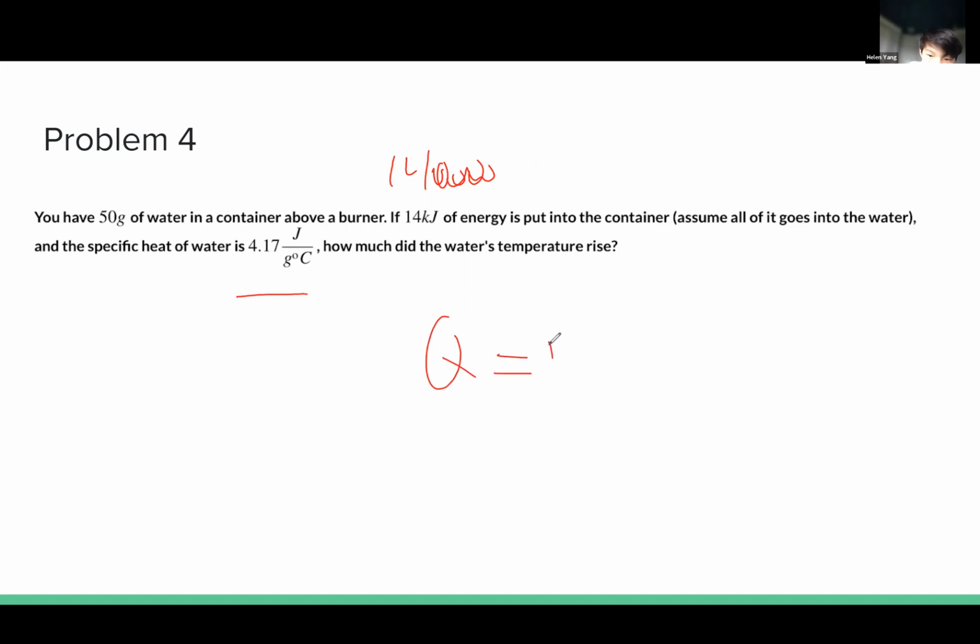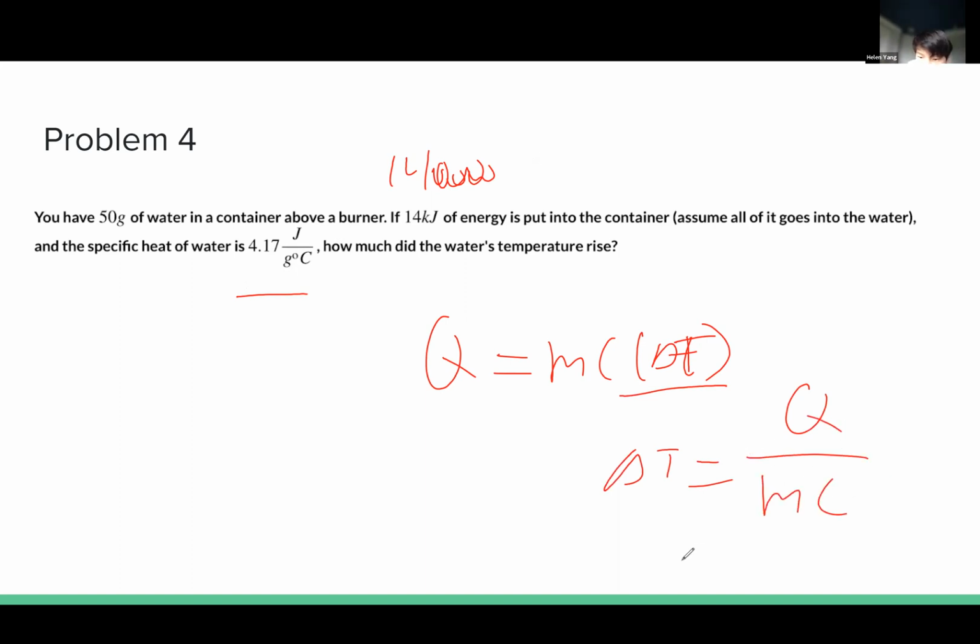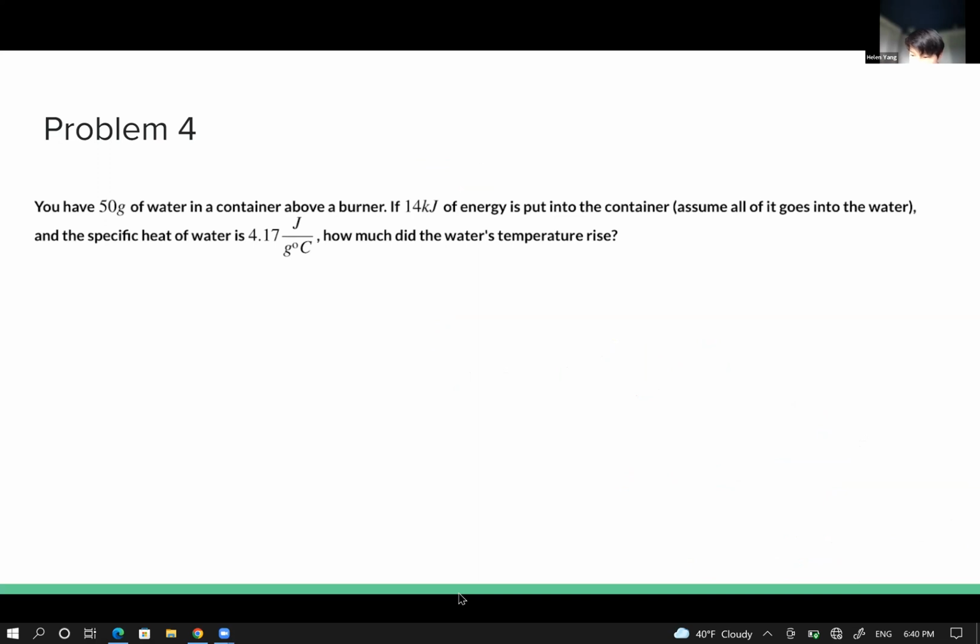Using the equation again, this time we're trying to find the change in temperature. The change in temperature is equal to Q over MC. Q is 14,000, M is 50 grams, and C is 4.17. That equals 67.15 degrees. Okay, this is the solution.